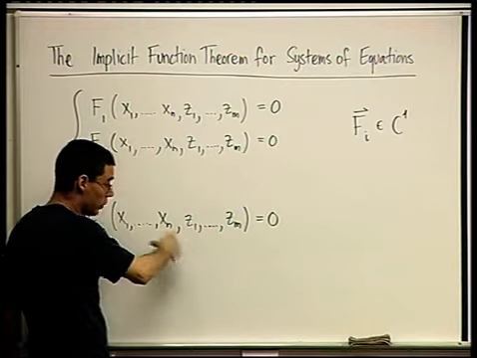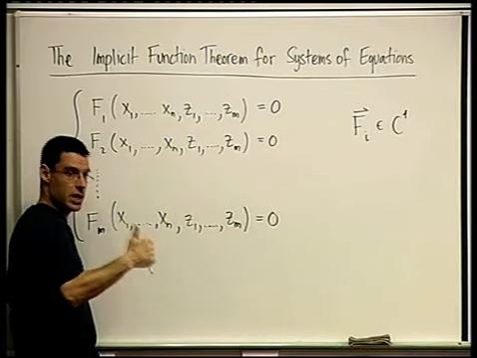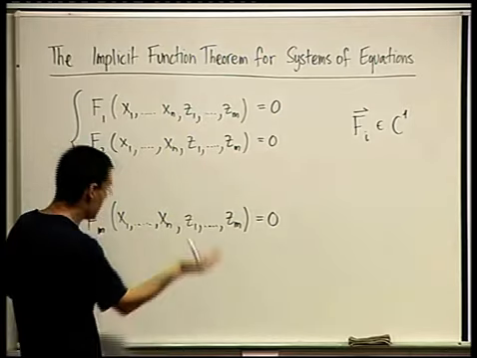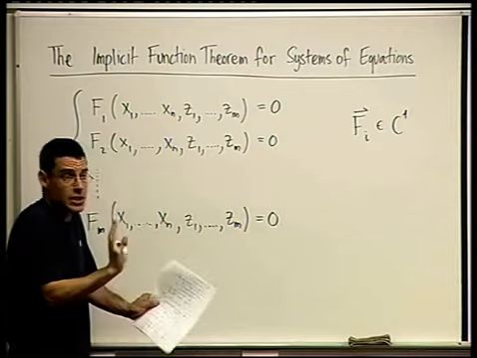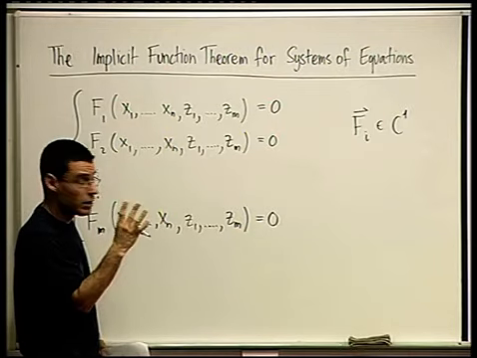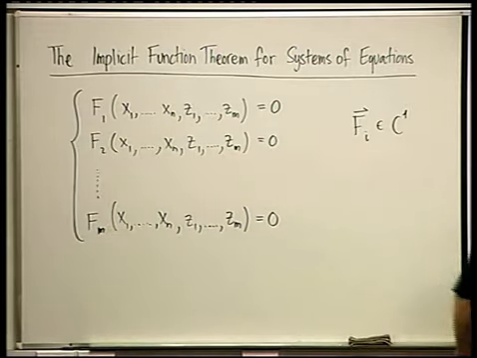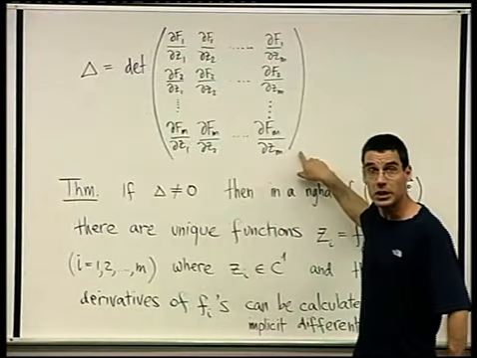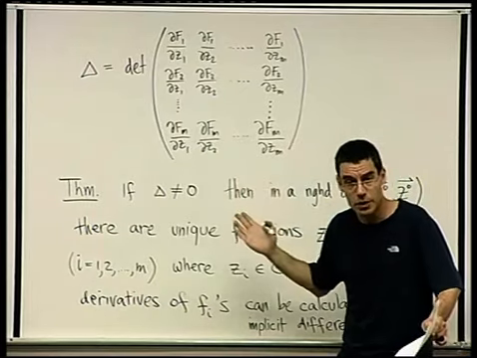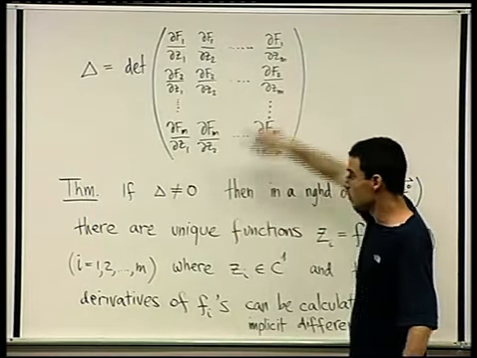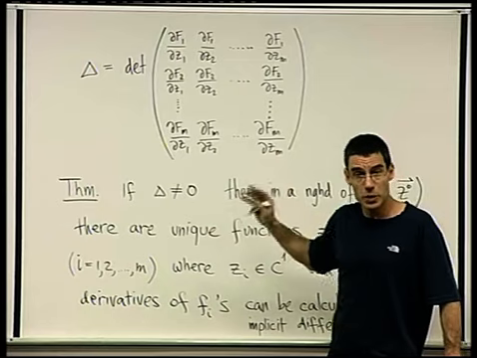The theorem told me, if your 2 relations, or m relations in general, are C1 functions, they are. If the point you're looking at, that I forgot to write, satisfies both relations, those are precisely the conditions of the implicit function theorem for one relation. We check that as well. Then, I'm moving on to this board. There's one more thing you have to check, which looks very scary in general, but boils down, in the case of 2 relations with 4 variables, to a 2 by 2 matrix. Check that the determinant of the matrix of the derivatives does not vanish at the point you're interested in. So that's the determinant which we calculated.